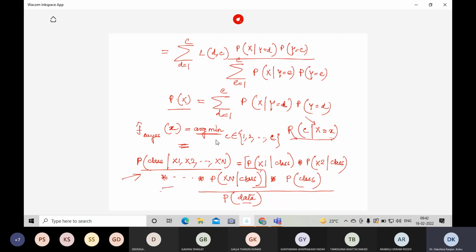This classifier is known as the Naïve Bayes classifier.